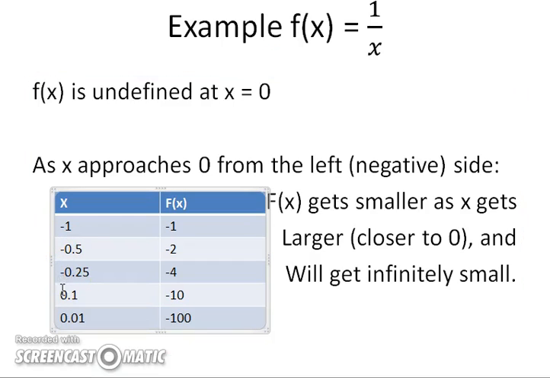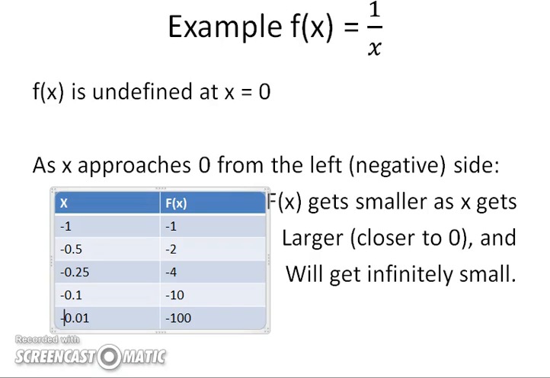Let me change that as well. All right, so the numbers are actually getting larger. They're getting closer to 0. Then the f of x values are going to go negative. And they're going to get more negative, or they get smaller, in other words. And so it basically will approach negative infinity going in that direction.